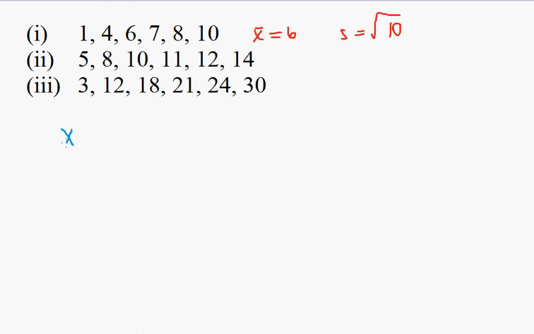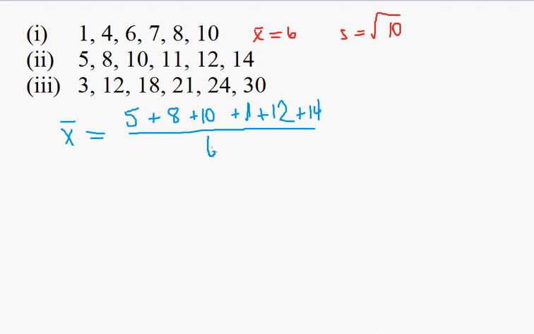The mean works out to be 5 plus 8 plus 10 plus 11 plus 12 plus 14 all divided by 6. And so doing the arithmetic, 5 plus 8 plus 10 plus 11 plus 12 plus 14 all divided by 6, I get an average of 10.